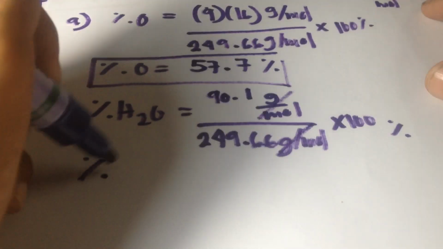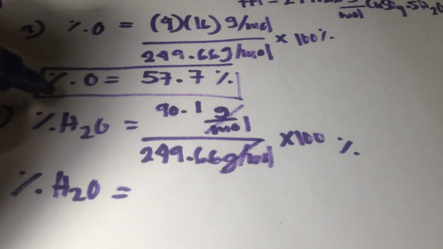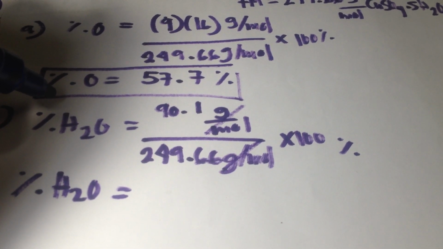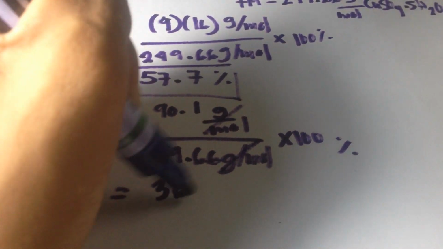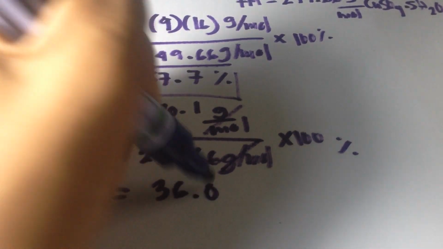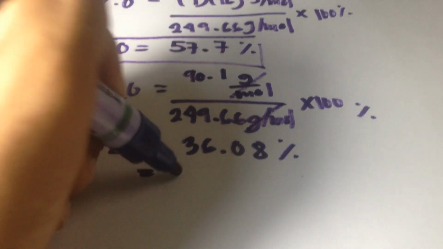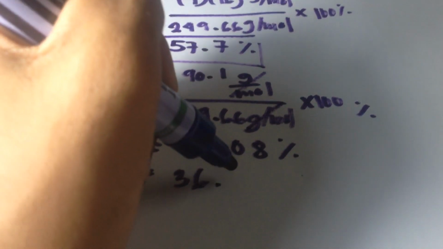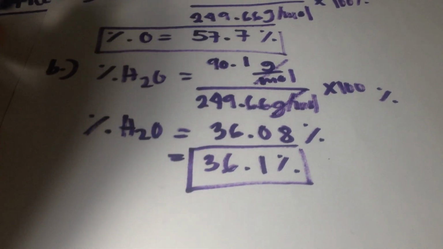Then the percent of water is equal to 90.1 divided by 249.66 times 100%. So 36.08% or 36.1%. And that is your final answer.